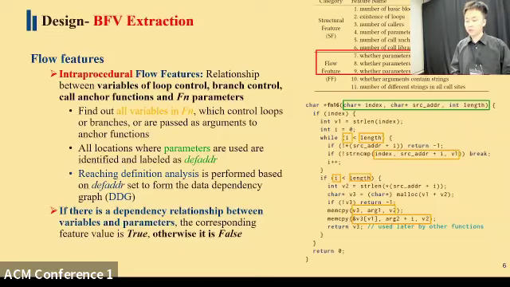Firstly, we apply reaching definition data flow analysis to the control flow graph of a function to understand how the parameters of the function affect its branches or loops. If there is a dependency relationship between variables and parameters, the corresponding feature value is true.